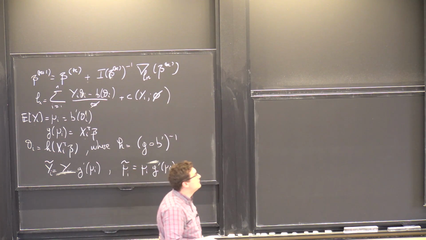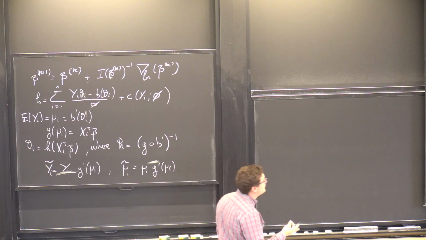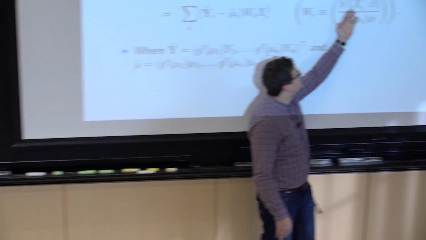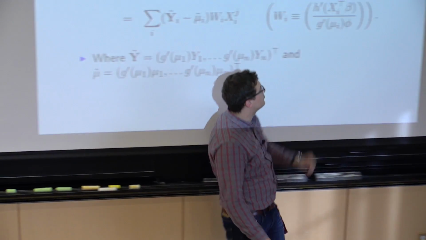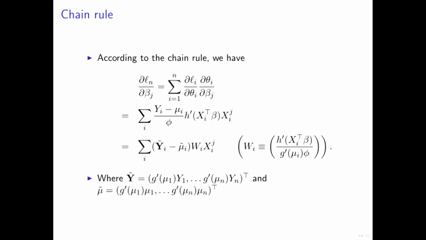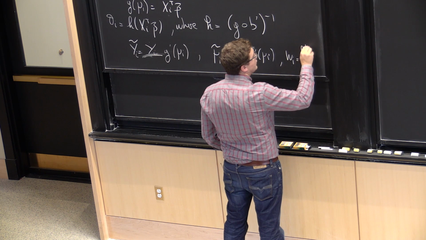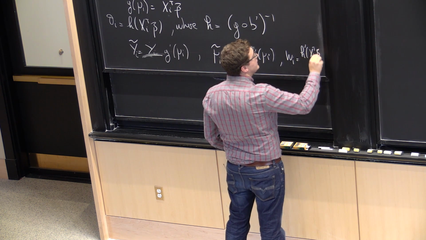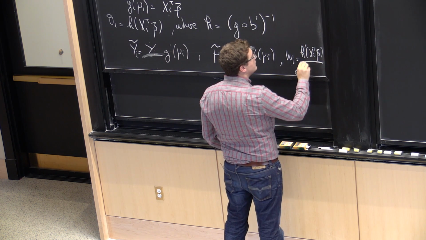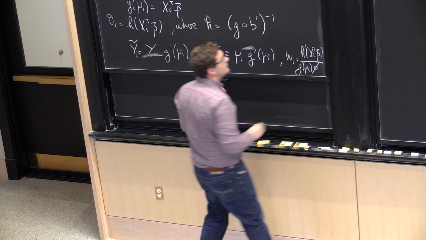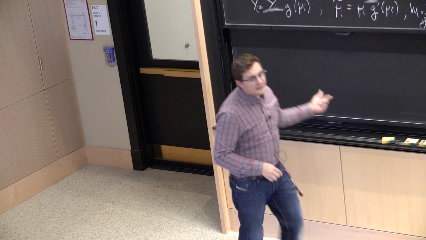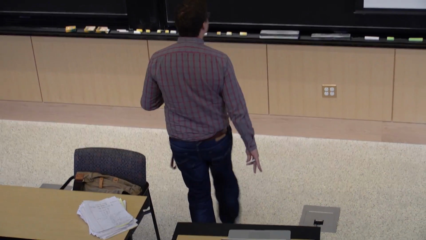And then that was just an artificial thing so that we could actually divide the weights by g prime, but the real thing that builds the weights is this h prime, and there's this normalization factor. And so if we write it like that, if I also write that wi is h prime of xi transpose beta divided by g prime of mu i times phi, then I could actually rewrite my gradient, which is a vector, in the following matrix form.